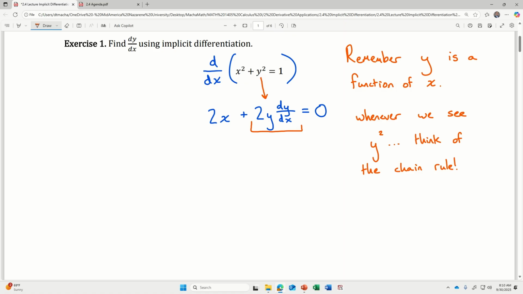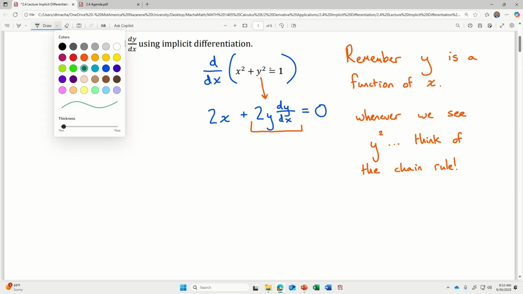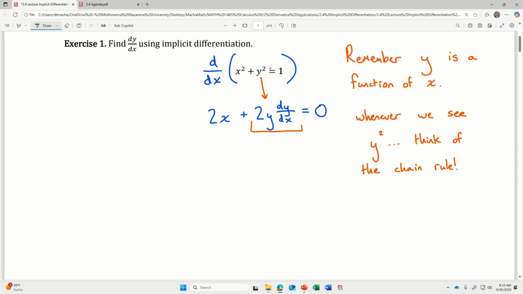And my question now says, find dy dx using implicit differentiation. Well, we've already used the implicit differentiation part. Now to find dy dx, I just need to subtract 2x from both sides, and then divide both sides by 2y.